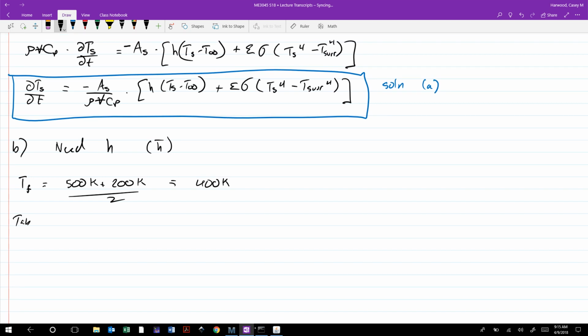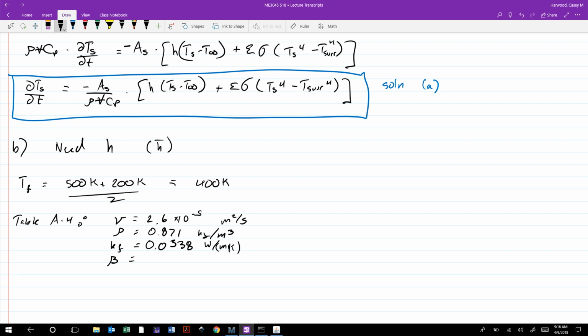From table A4, air at 400 Kelvin has a viscosity of 2.6 times 10 to the negative fifth meters squared per second, a density of 0.871 kilograms per meter cubed, a conductivity of 0.0338 watts per meter Kelvin, a thermal expansion coefficient.